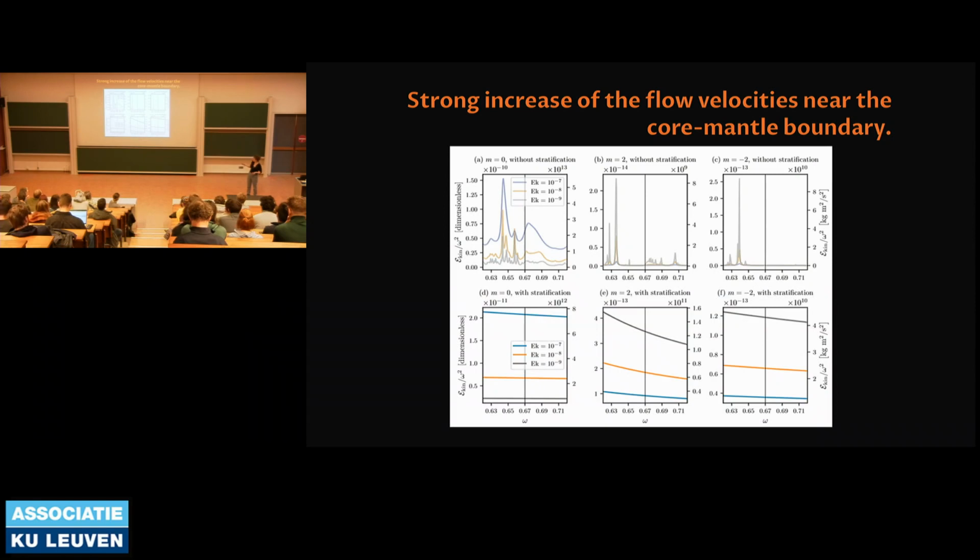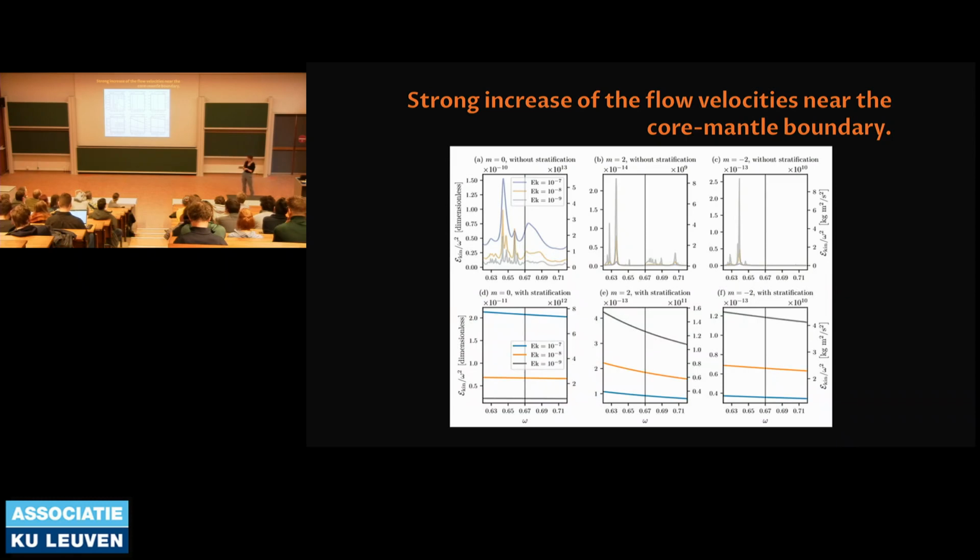So without stratification, basically, what happens is what you would expect. I have here different lines for the Ekman number, and blue is high viscosity, gray is low viscosity, and I see that the less important the viscosity is, the less flow there is excited, because I can't drag along that much fluid.